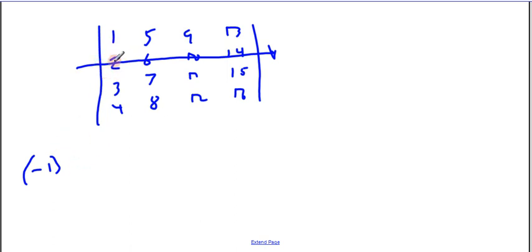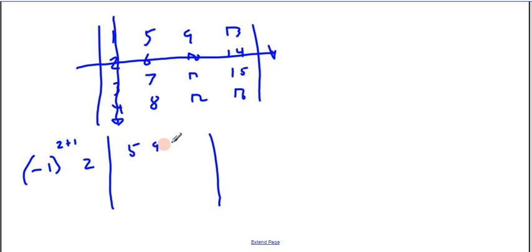So that's row 2 plus column 1, times 2, times the determinant of everything that's left over after I take those out: 5, 9, 13, 7, 11, 15, 8, 12, 16.